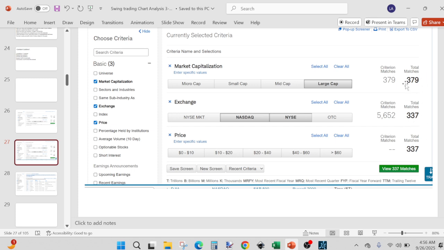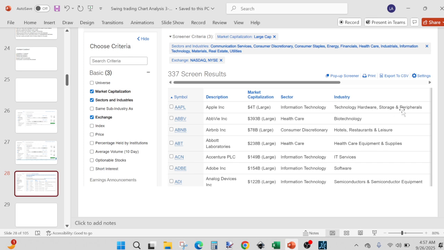So even though we have a bigger pool here, it came down because maybe a few more of those large caps were around here, those two that we didn't want. So it narrowed down to 300 or so.